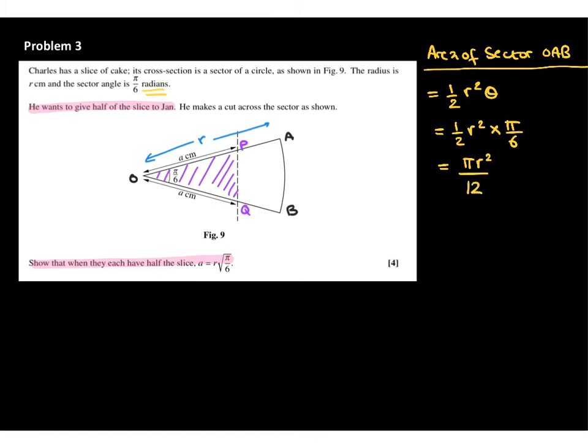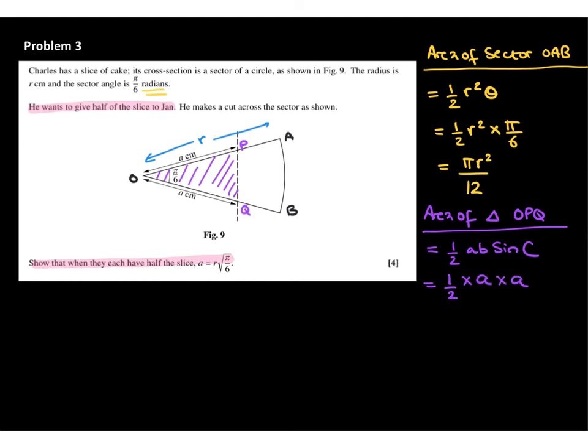Now, let's work out the area of the triangle. So the area of my triangle, OPQ, remember we used the formula previously, a half ab sine C, where a and b are 2 adjacent sides and C is the angle in between them. So that's a half multiplied by a multiplied by a.